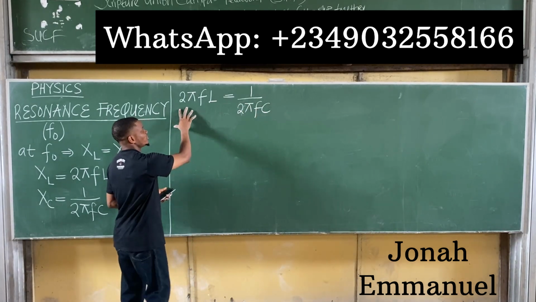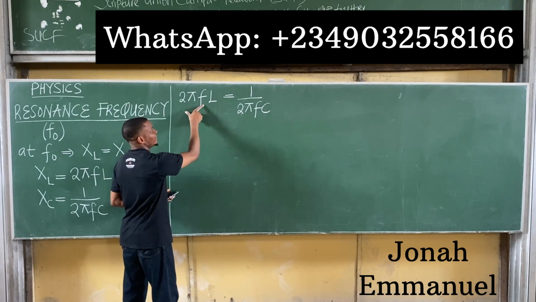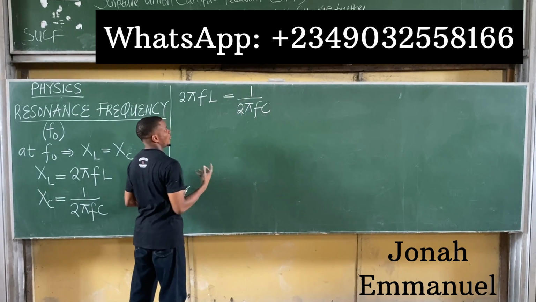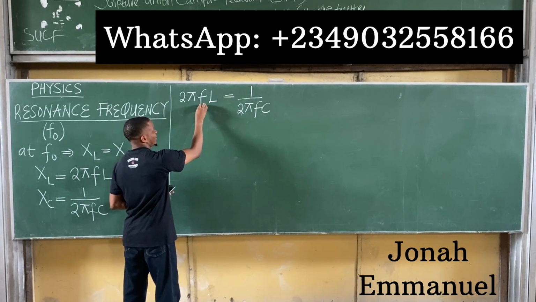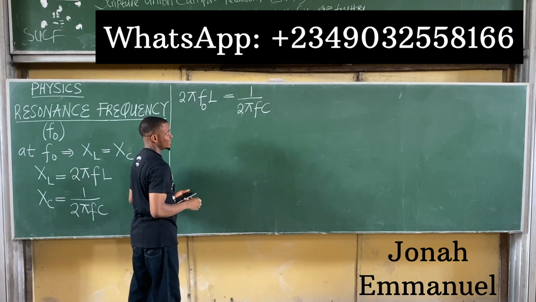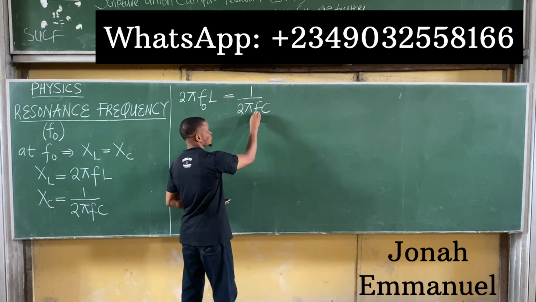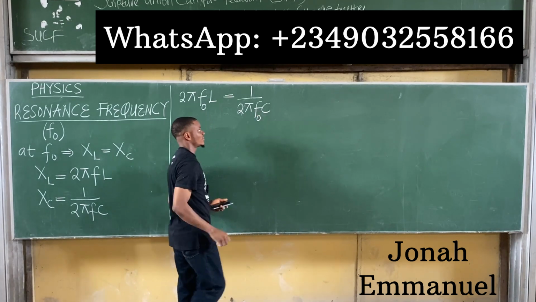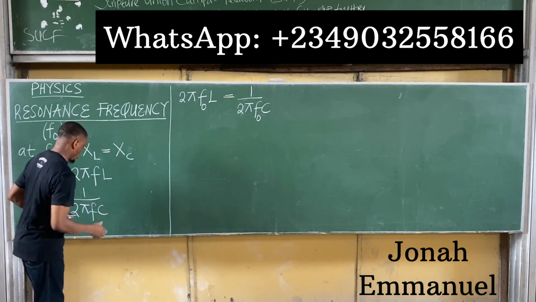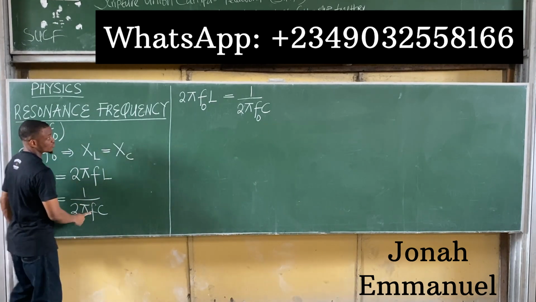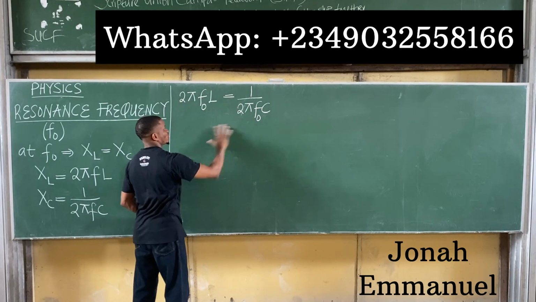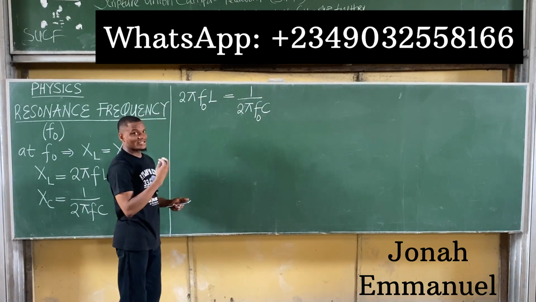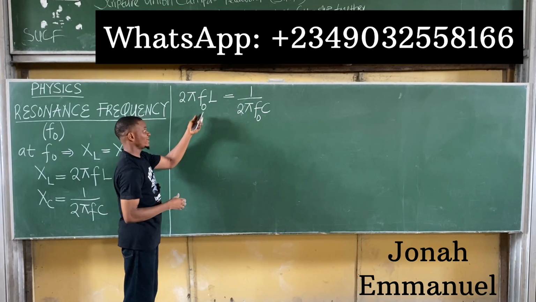Now, since this condition here, which is XL being equal to XC, occurs at resonance frequency, we'll change the F from ordinary F to F naught, indicating resonance frequency. Also here, this becomes F naught. So please understand why I'm changing this from the normal F to F naught. I'm changing to F naught because for this condition, the frequency becomes the resonance frequency. So I'm having F naught.